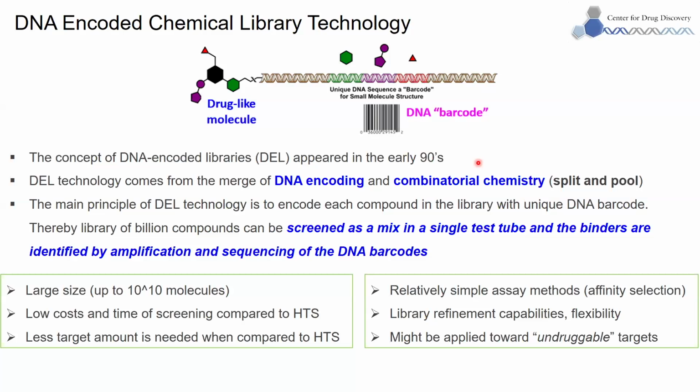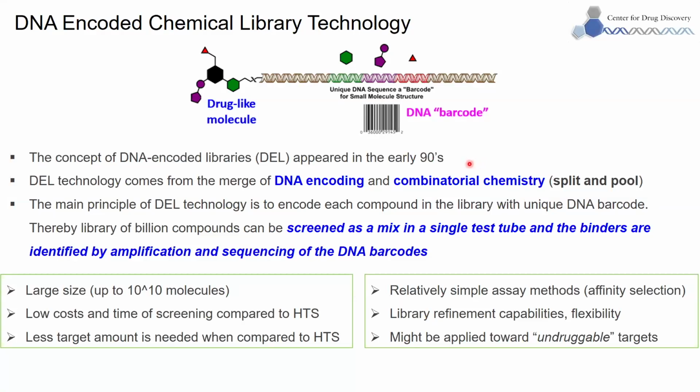And cost-wise, it is much cheaper compared to other available technologies for drug discovery in recent years, like high-throughput screening, and you also don't need to worry about producing huge amounts of protein.